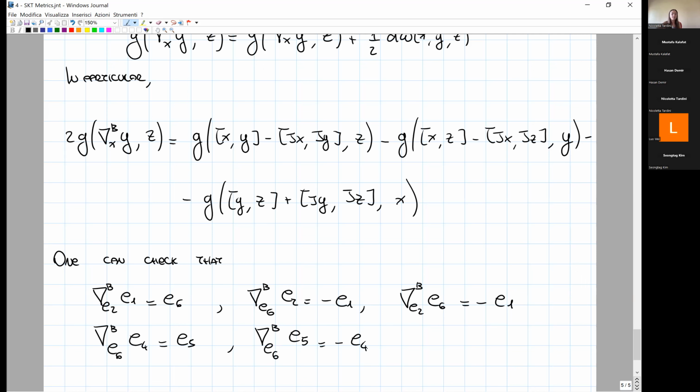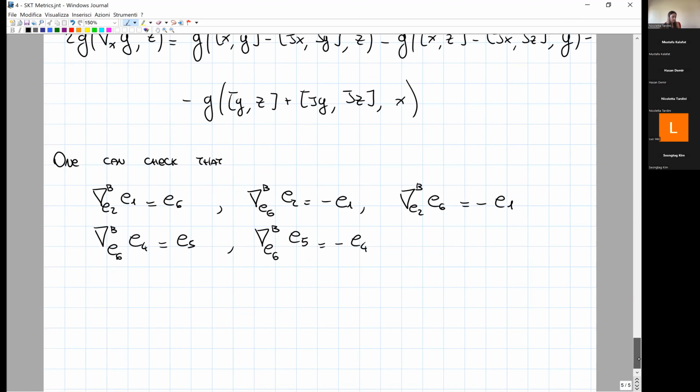So using that formula, you can compute explicitly the Bismut connection on the Lie algebra.